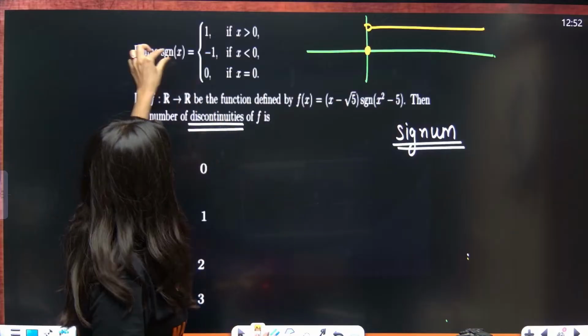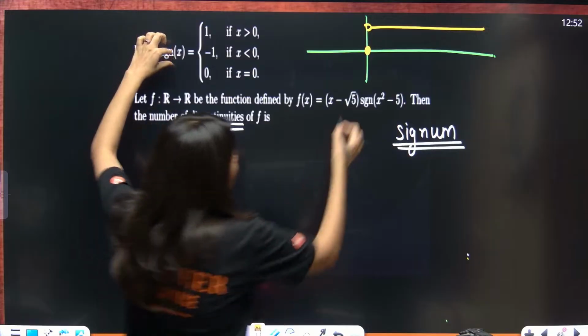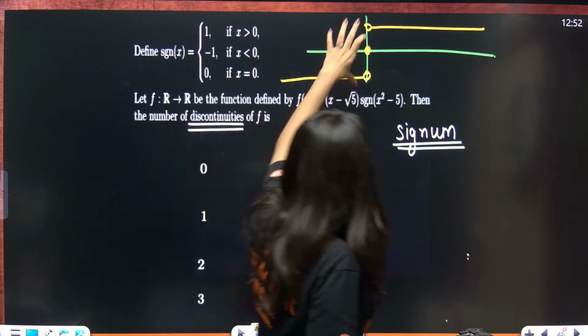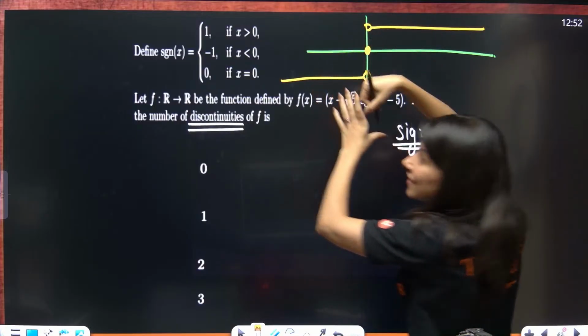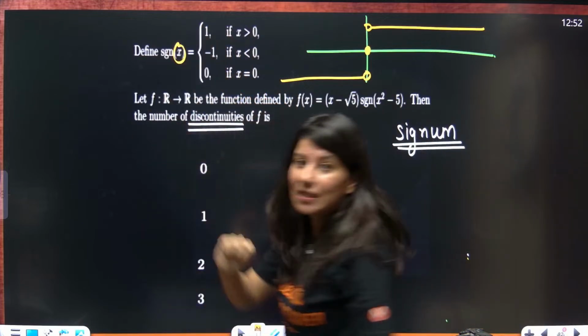So signum of any positive quantity is 1. Signum of any negative quantity is minus 1. So basically, can you see that signum function becomes discontinuous when input becomes equal to 0.